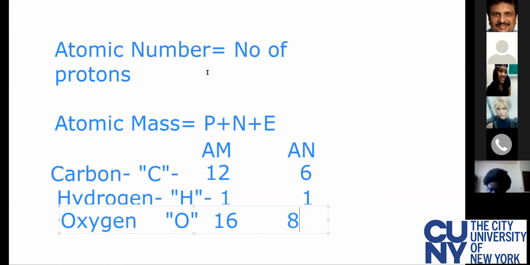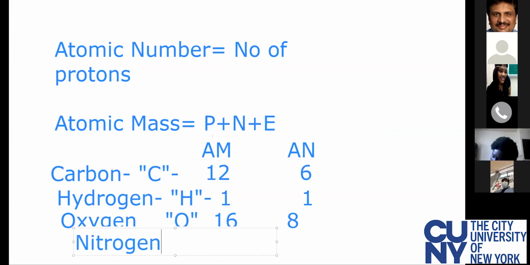Now, for nitrogen, it is represented by the single letter N. The atomic mass is 14, and the atomic number is 7.